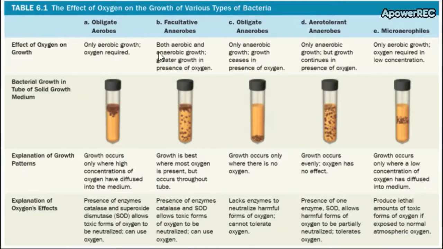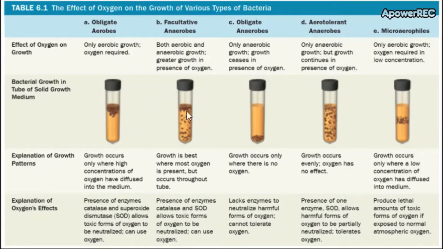So I recommend making yourself a little table and a note card, and remember what you need to keep track of here. We have 5 different groups. You need to know, do they require oxygen to grow? Can they grow in the presence of oxygen? You need to know where they grow in a solid growth medium too.